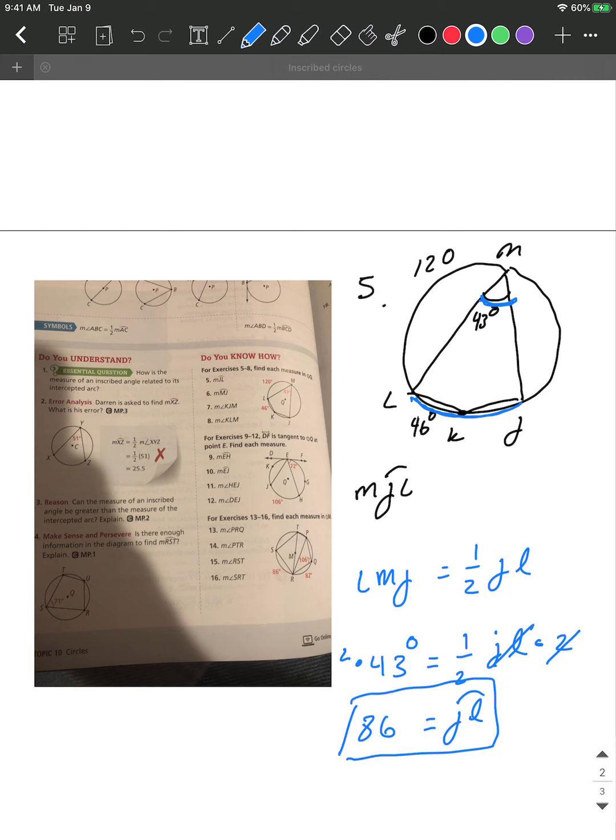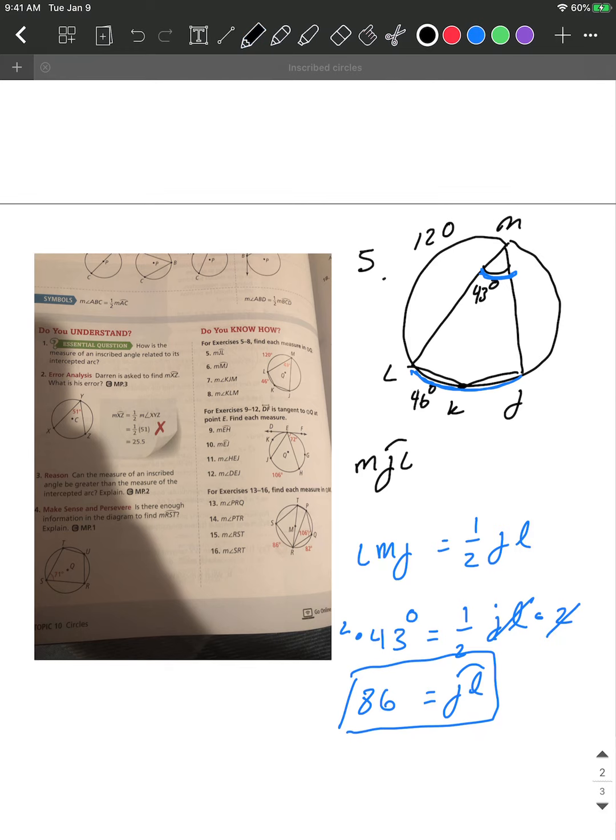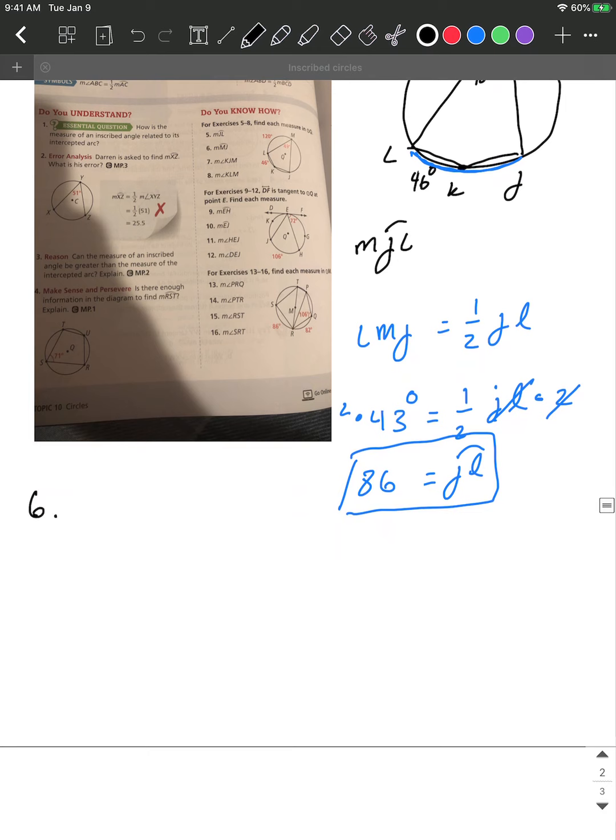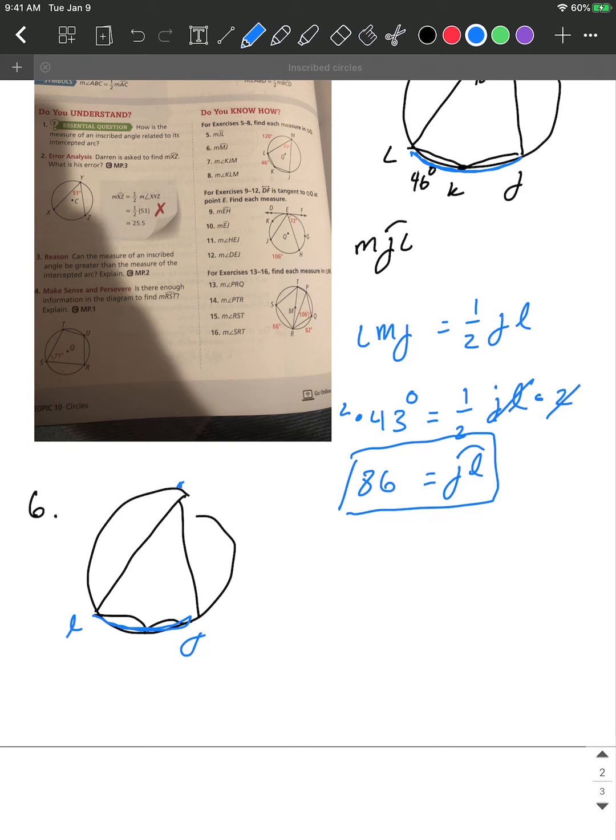We still have time for one more practice problem. Now we'll be looking for arc MJ. Well, now the 120 will actually become useful. So we'll look at question number 6. Using the same image, we now know that this measurement, because this is L, this is J, this is M, this whole thing is 86.